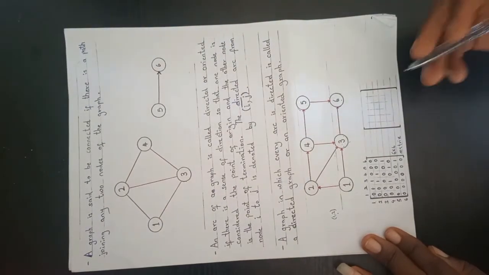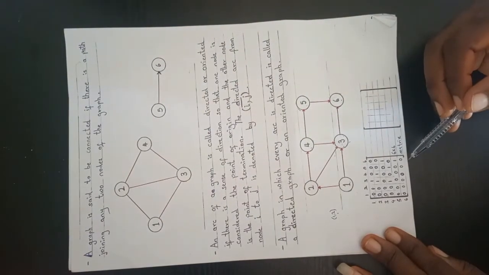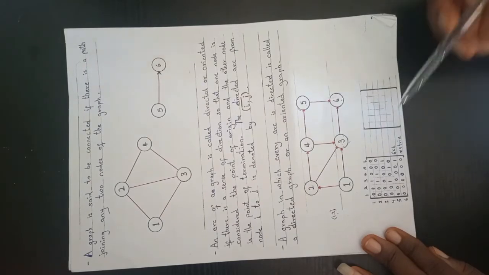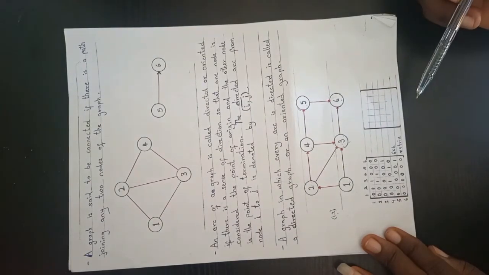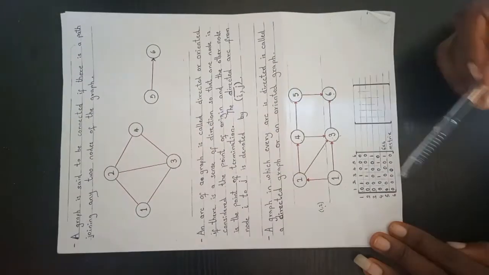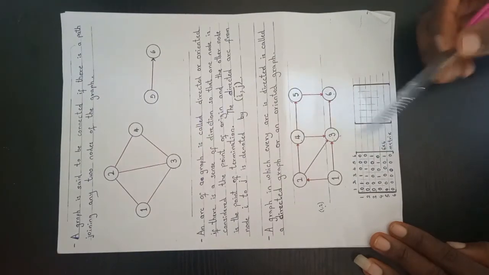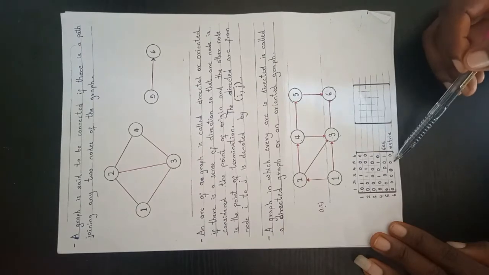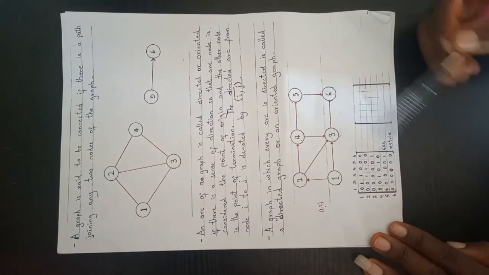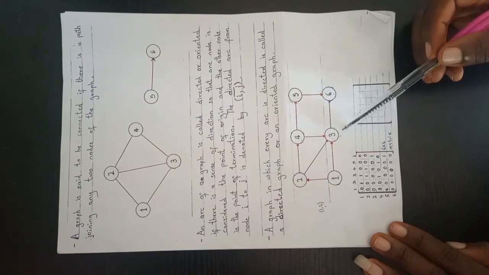And so right here, this is the incidence matrix that we can use to represent a directed graph. And one thing we observe here is that an incidence matrix for a directed graph will not be equal to its transpose. And then this will lead us to an idea of a network.